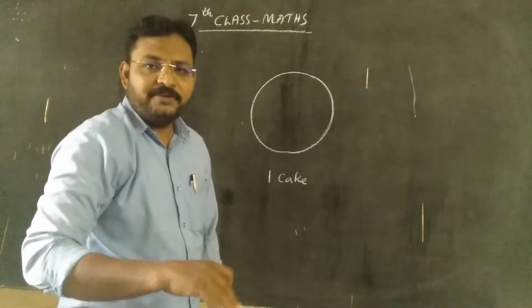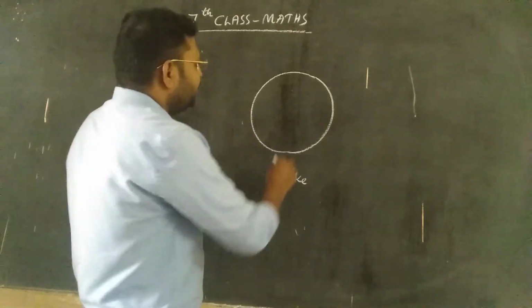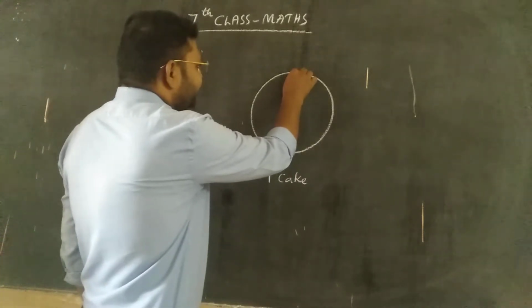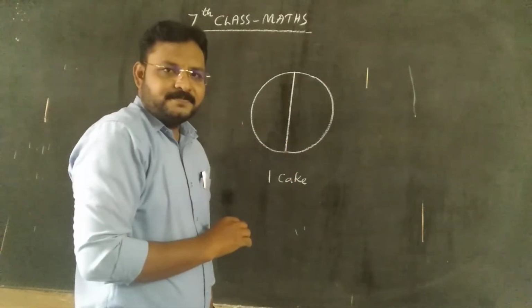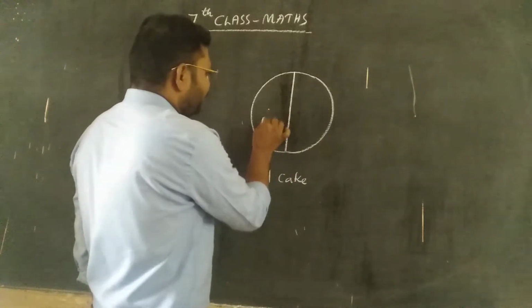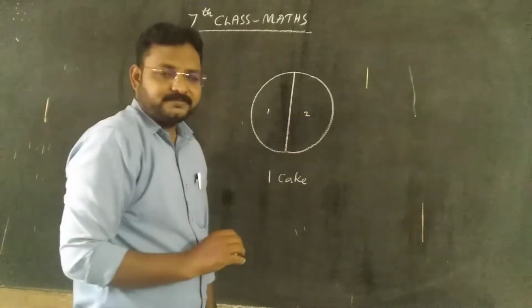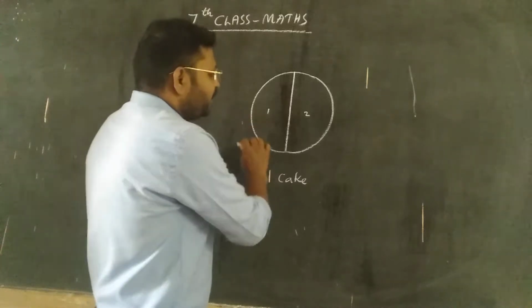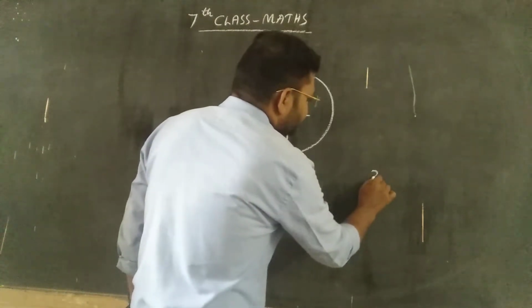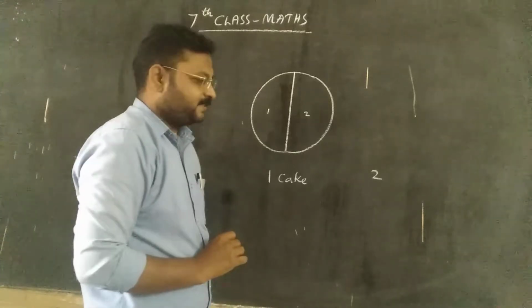If you want to divide this cake into two equal parts, we should cut the cake in this way. This is one part and this is the second part. So children, totally we have two parts.